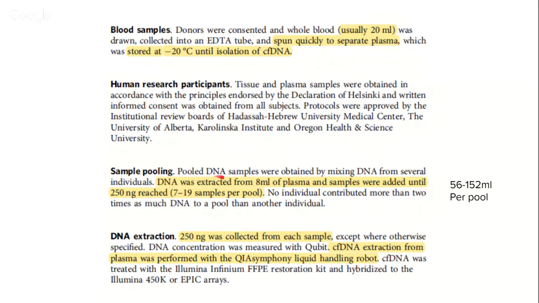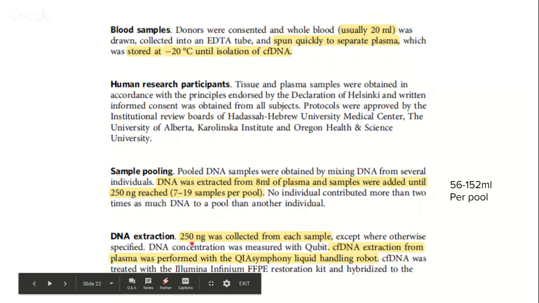And so DNA was extracted from 8 mils of plasma, and samples were added until 250 nanograms were reached. Depending on the individual, some of them will have more or less cfDNA in the same volume of plasma, but they said between 7 and 19 samples were needed per pool. So you make the calculations, they need to extract quite a lot of blood per pool, right?